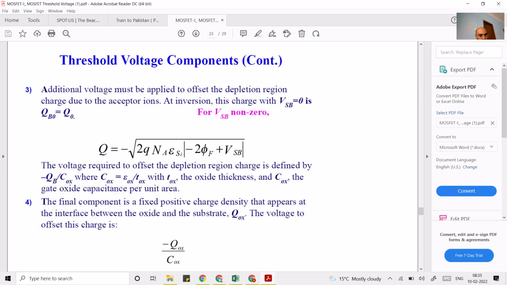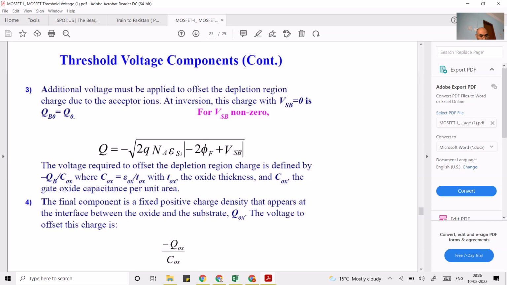So if we take Q upon C, because we want the voltage, isn't it? The voltage which we have to apply on the gate terminal. So the amount of voltage you can find by dividing this Q by C. So QB by C.